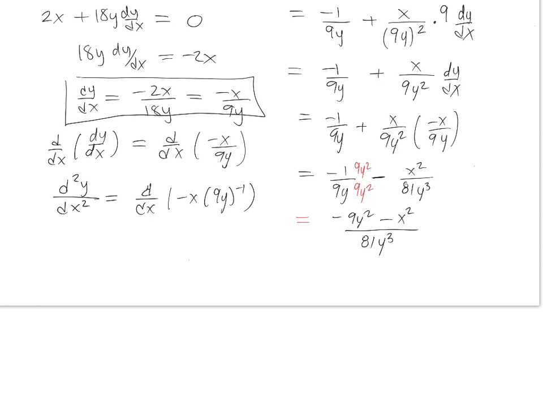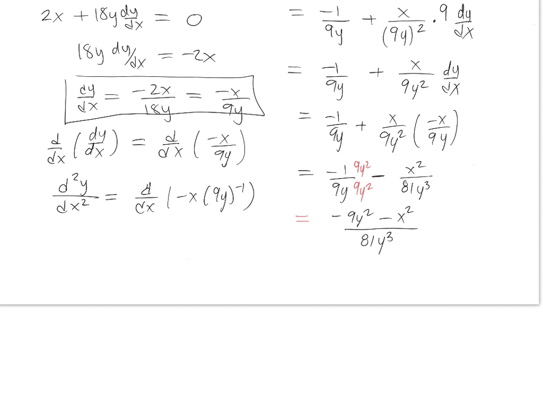There's one more tricky thing that WebAssign might make you do to get the answer correct. Take the negatives out. That's the first step. Okay, and here's my next step. So blow your minds. Negative 9 over 81y cubed.